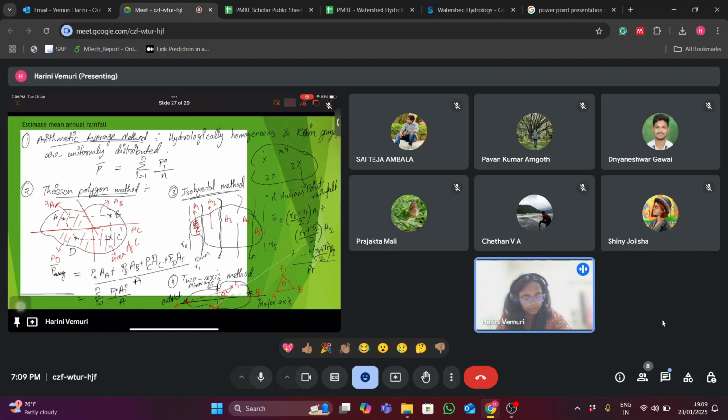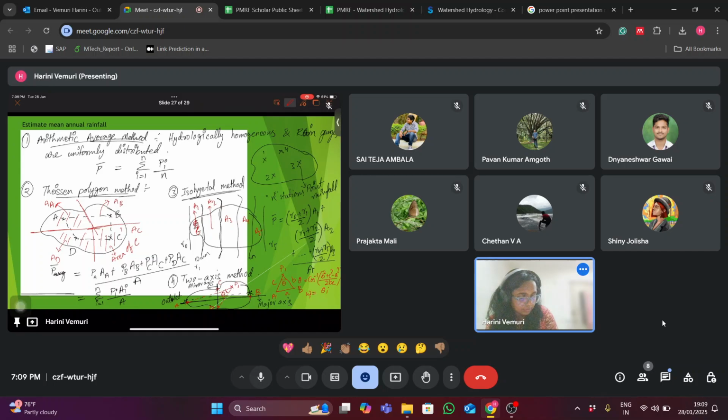Suppose the distances are a, b and c, then we can calculate from the cos inverse equation that theta is equal to b square plus c square minus a square by 2bc. And based on this, we will calculate the weights.